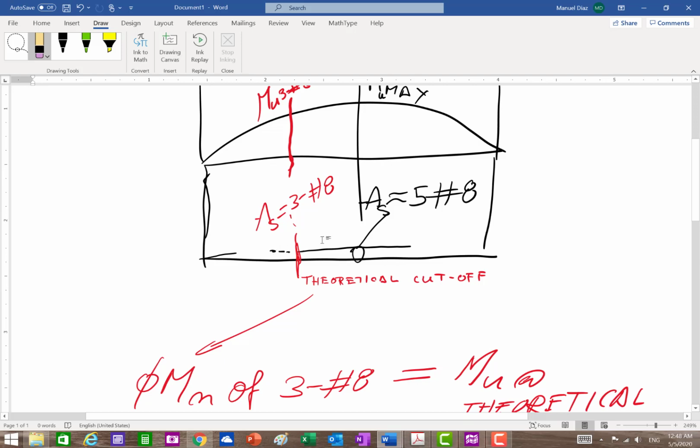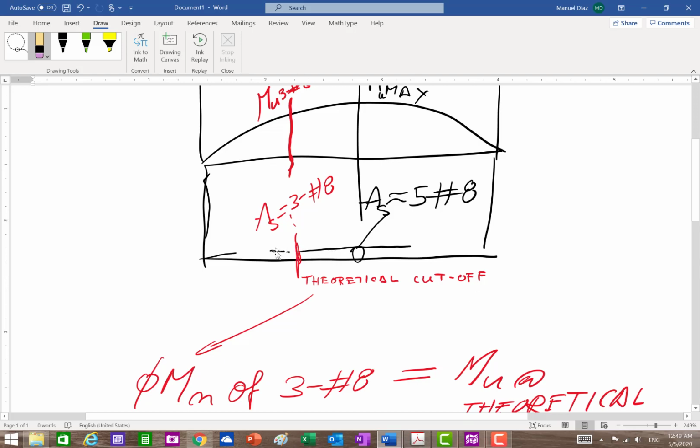That's it. All right? So, there is a theoretical cutoff. That point means that the design strength of the bars that remain has to be equal to the value of the moment at that particular location. They have to match. Okay? You cannot cut your bar at the theoretical cutoff. You have to add d or 12d_b.